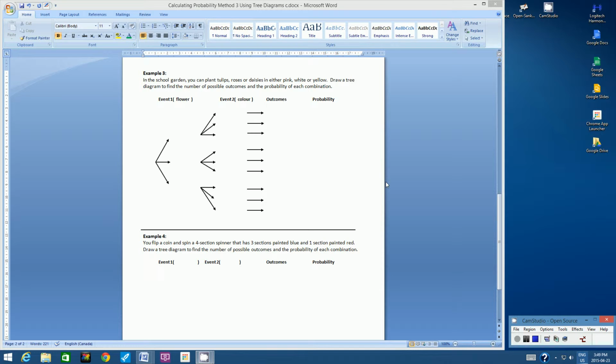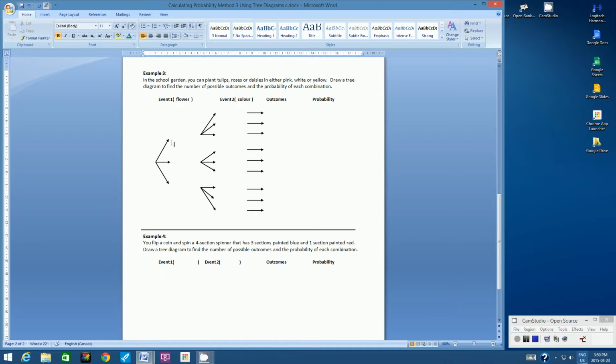Okay, so I'm going to continue and start filling in the words on the end of each branch. Okay, so let's look at event 1. Event 1, remember, was flowers. So there are 3 types of flowers. So I'm going to start with tulips because that was the first one that was given in our question.